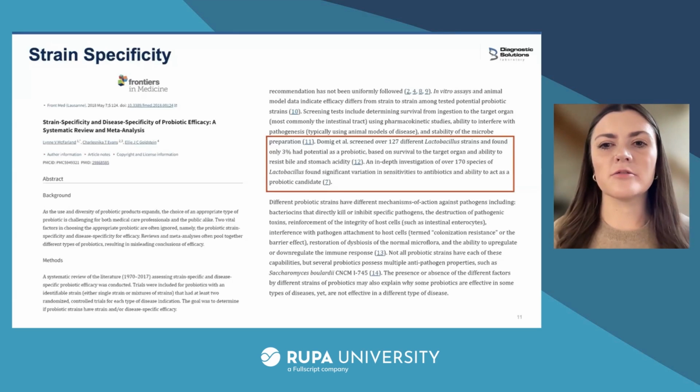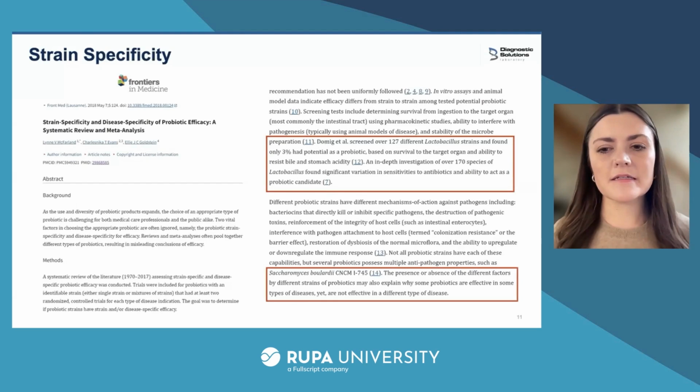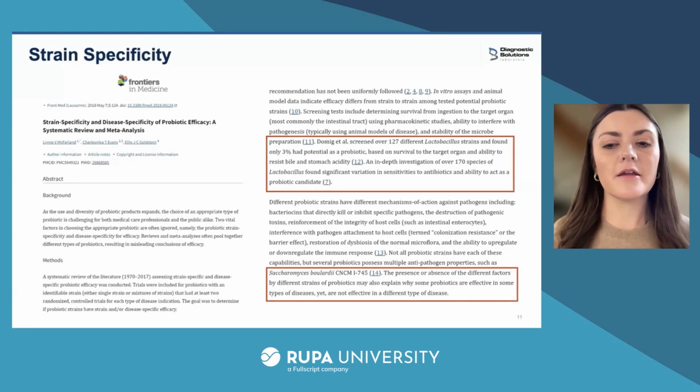And then they reference an investigation of 170 species of lactobacillus, and they found, even at that species level, significant variation in sensitivity to antibiotics and the ability to act as a probiotic. They go on to say the presence or absence of different factors in different strains may also explain why some probiotics are effective in some diseases, yet not effective in a different type of disease.